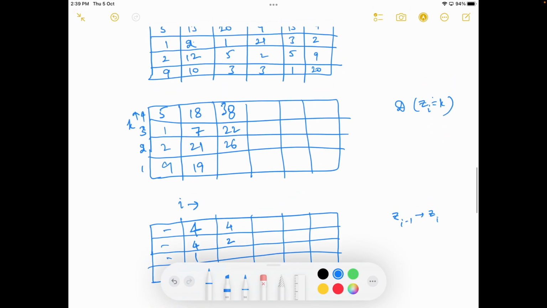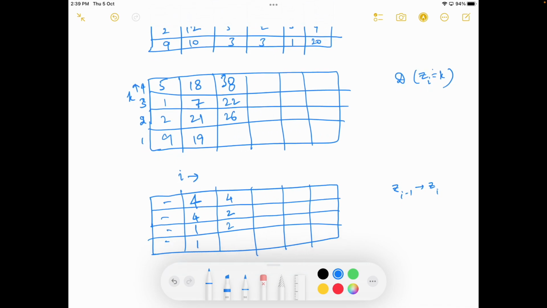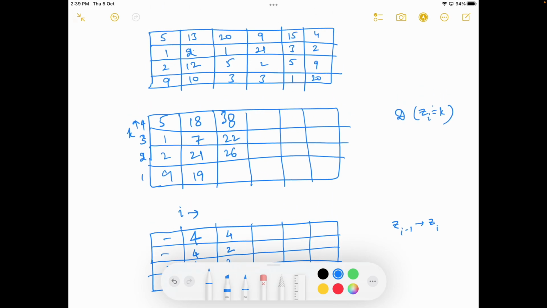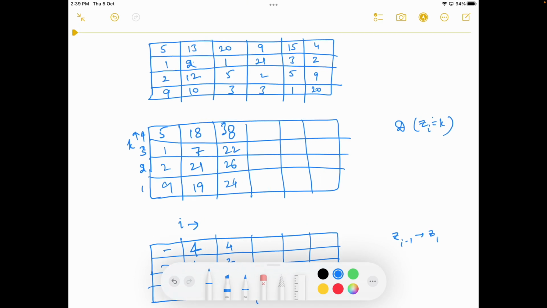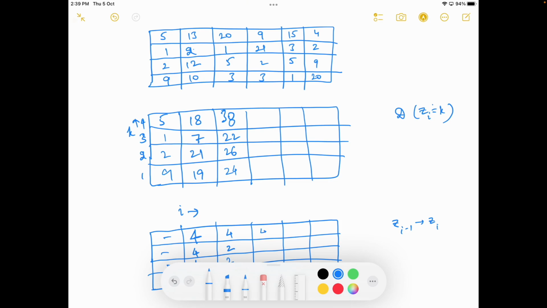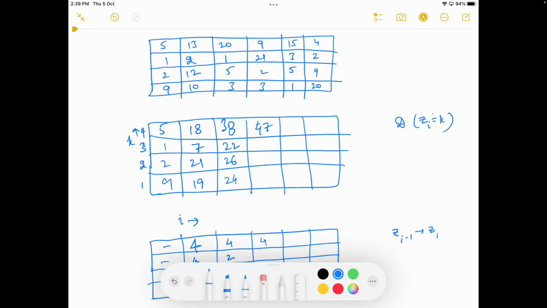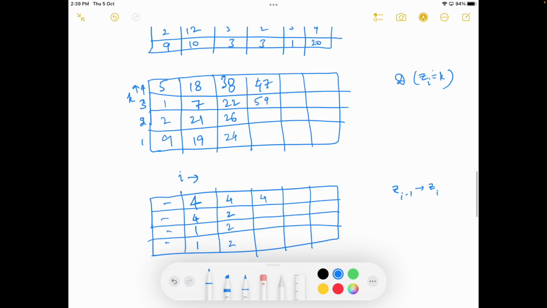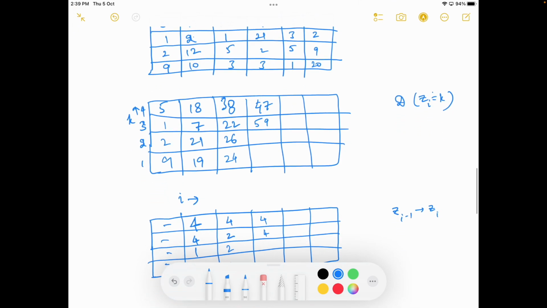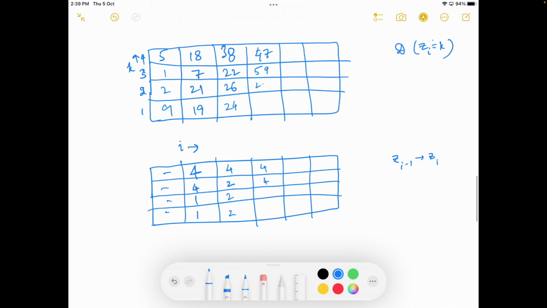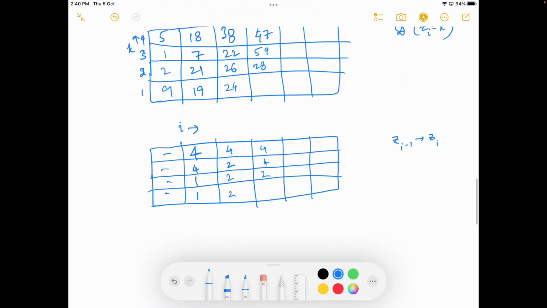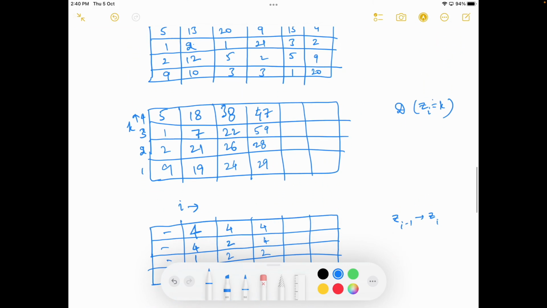Can you complete this table fast? Okay, I think I will stop here.